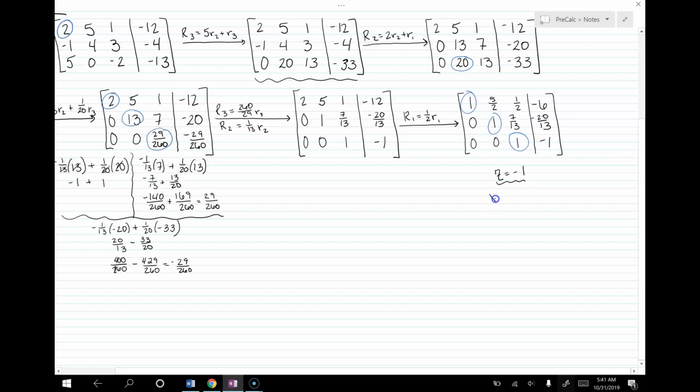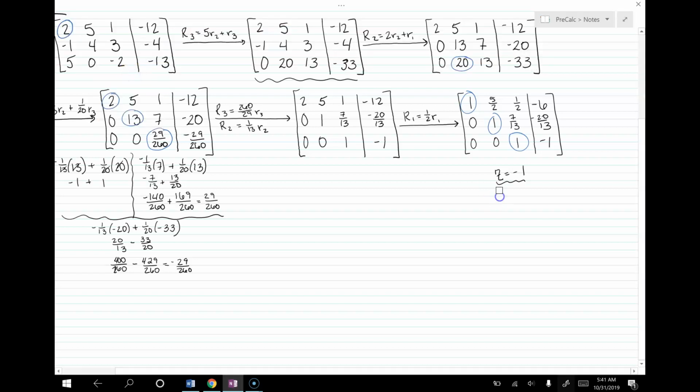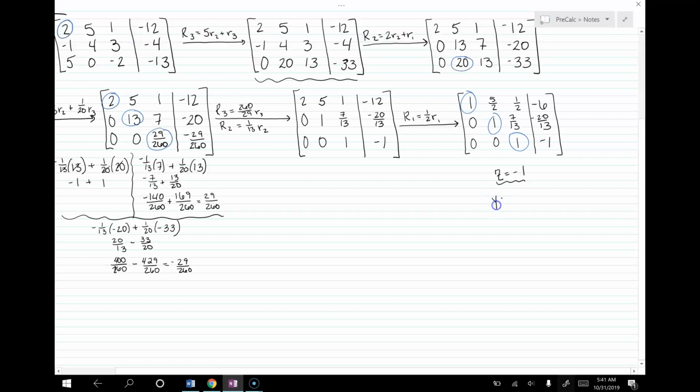So the second row says y, I'm going to erase that, that bothers me. The second row says that y plus 7/13 times z is equal to negative 20/13. Substitute it in.